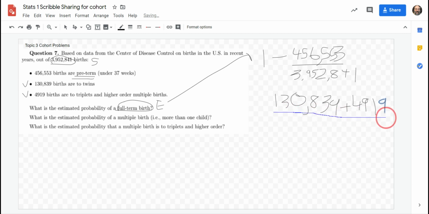And of course, that's the size of the event of twins and above. And we have to divide it by the total number of births, because it's just saying what's the chance of a twins or above birth. There are no conditions, so that means out of all births. Because as always, to find the relative frequency, divide by the sample space.